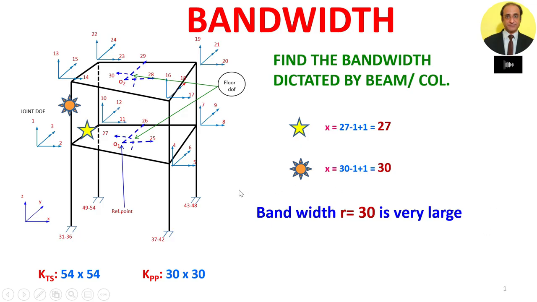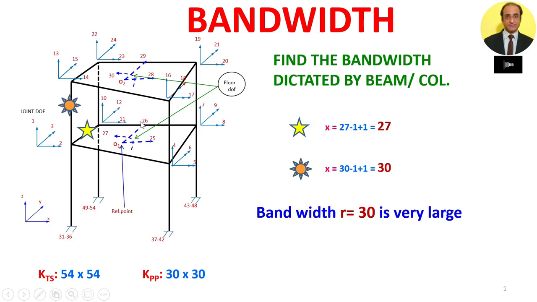Now the bandwidth is typically very large here, and the reason for the exceptionally large bandwidth is the connection between the floor degrees of freedom and the joint degrees of freedom. For example, this particular member has at its both ends the floor as well as the joint degrees of freedom, and there is a large number difference between the floor and the joint degrees of freedom.